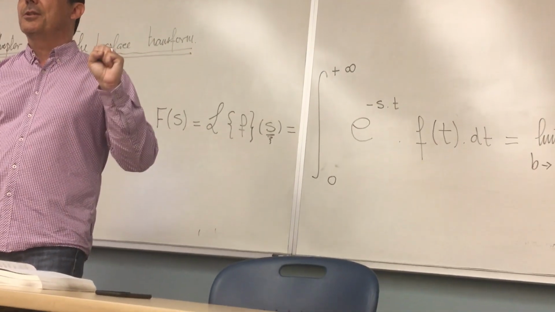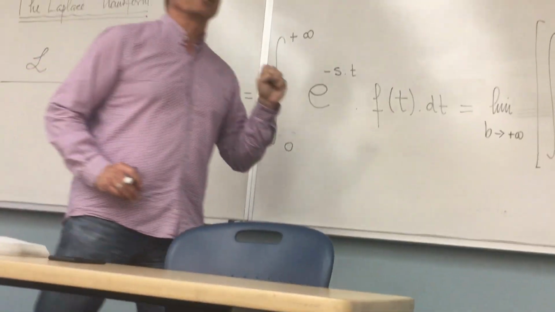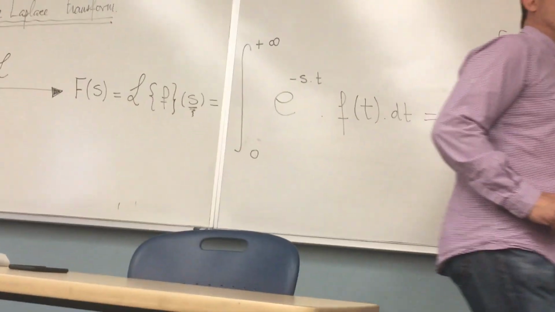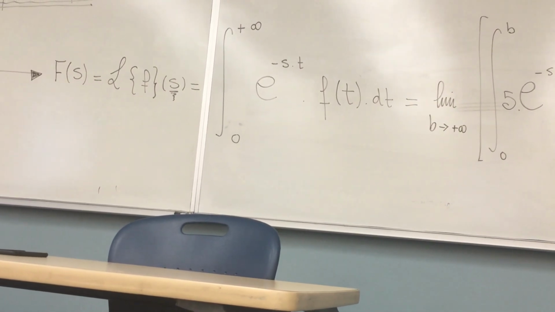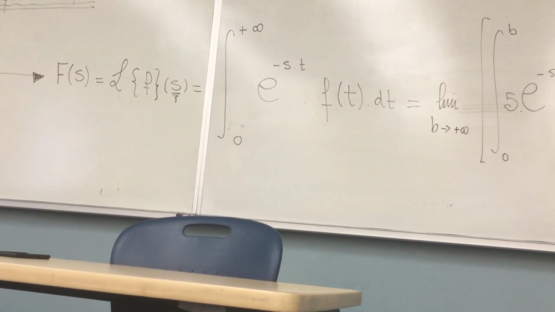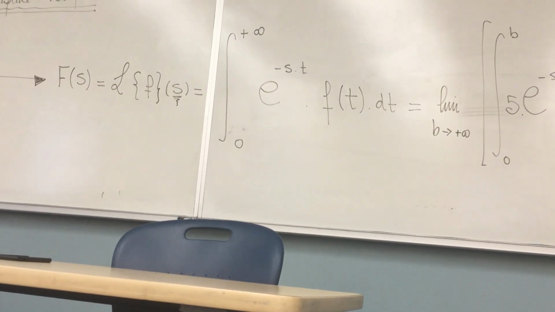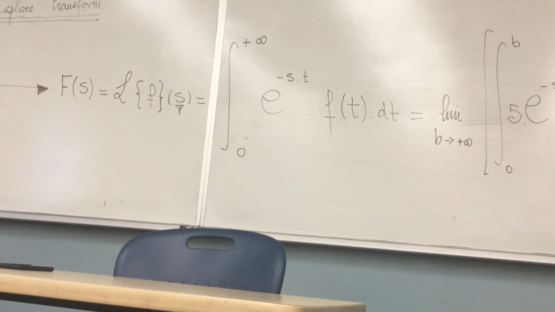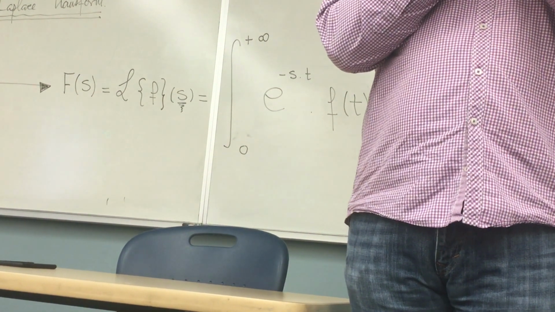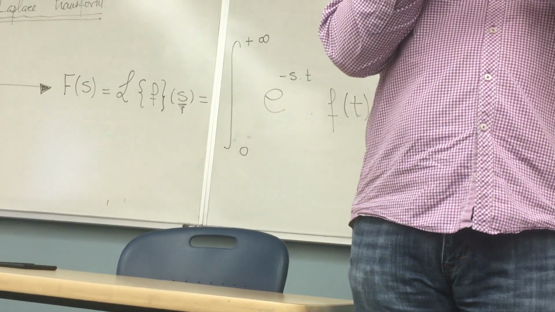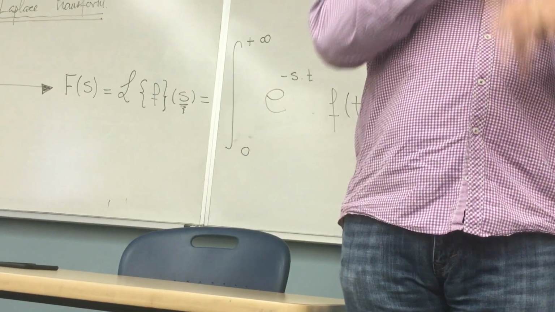So, table and properties. We're going to get to those properties, very important properties of the Laplace transform that will help us with the final goal of this chapter 9. What was that goal? Using the Laplace transform to do what? Solve initial value problems with some restrictions. Three restrictions on the differential equation of the initial value problem: it has to be linear, with constant coefficients, number 2, and homogeneous.